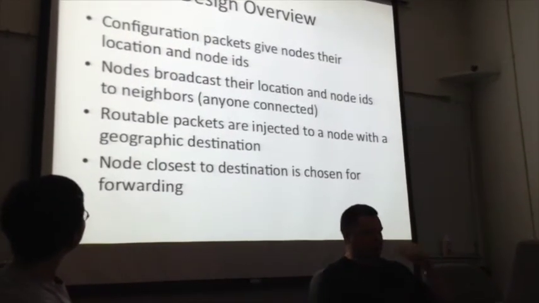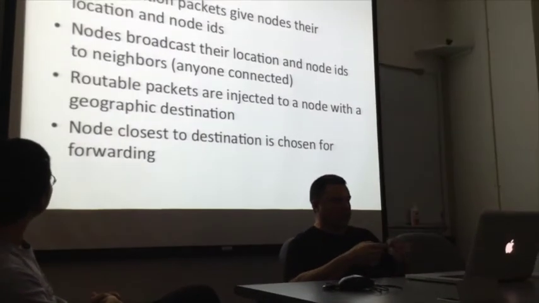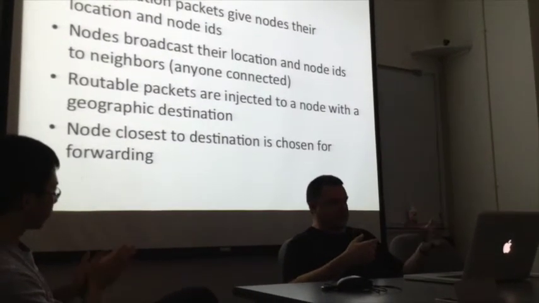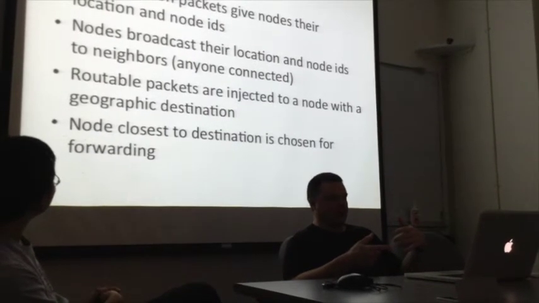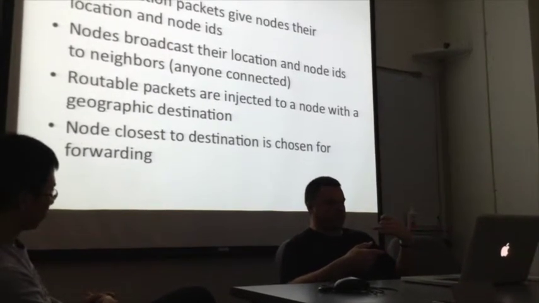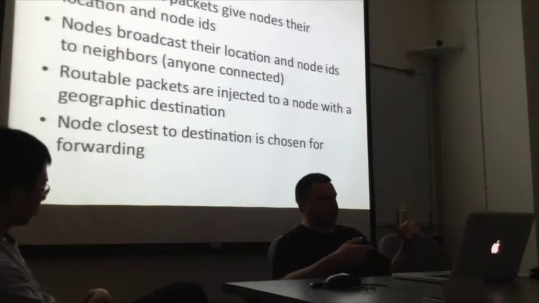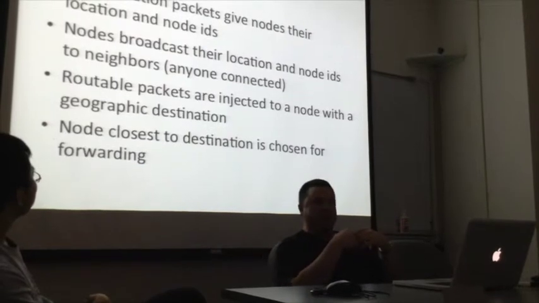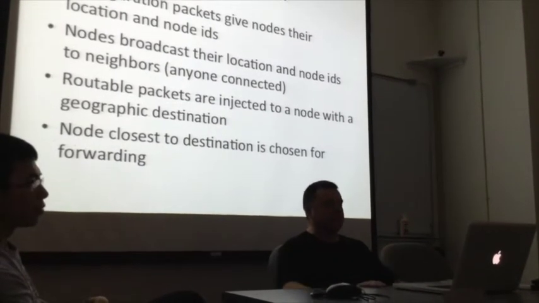General design overview of what the routing software does. It gets its configuration from packets which are injected. We didn't want to have to deal with localization methods. We just wanted the nodes to magically know where they were and then worry about routing through that.